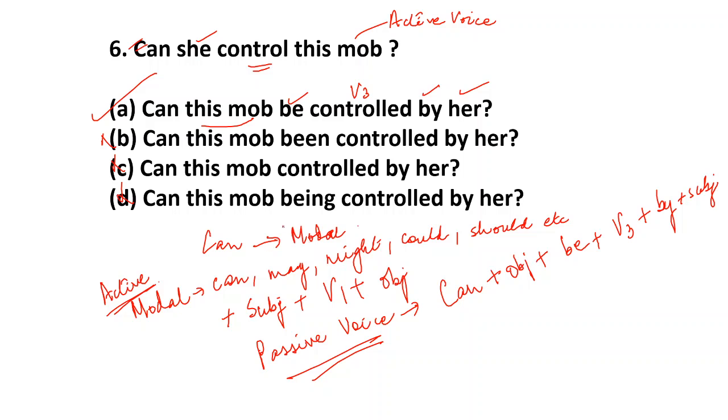It is very simple. Just remember, when the sentence starts with a modal, the passive voice will also start with the same modal, then the object will come, then be, then V3, then by and the subject. One more trick you can learn is that in the passive voice there is always V3.